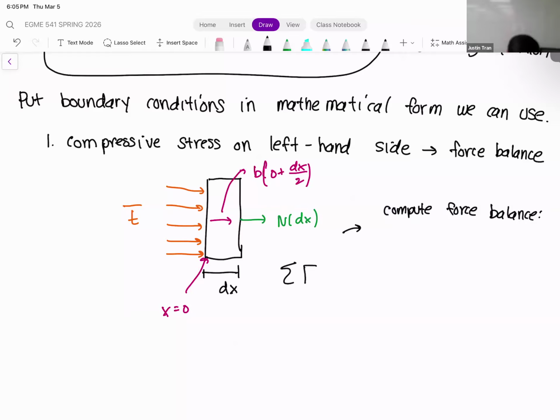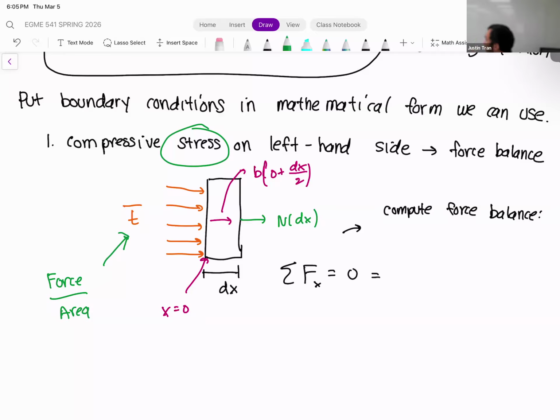All right, so let's go ahead and take a force balance here. We're going to sum the forces in the x direction and set it equal to 0. Let's go ahead and compute all of these forces here. The first force that we have here is from the traction, right? So we said that this T bar is a compressive stress. That means the units for T here are force divided by area, because the units for stress are force over area.